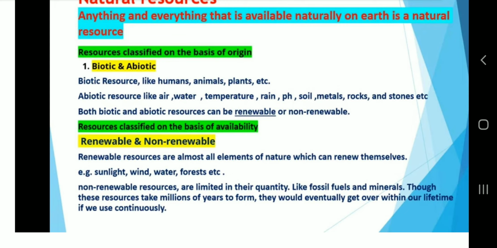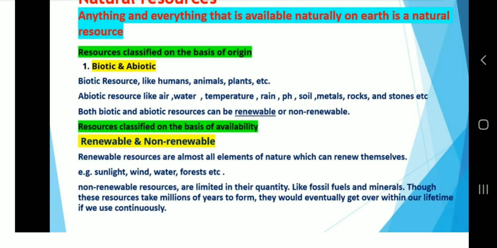Because in case of drinking water, if we keep on impurifying and polluting our water, of course water will be available, but drinking water can be a problem. Similarly, forest resource needs ample time for its renewability. If you deforest a particular area, it will take 20 years or more to regenerate the same quantity and quality of forest.